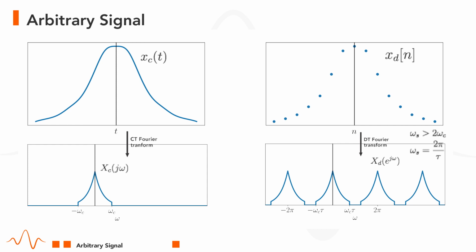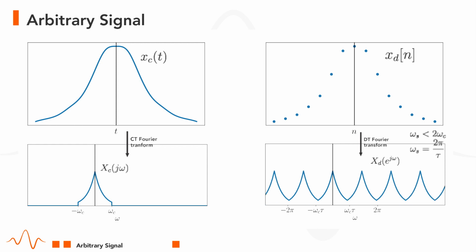And we can recover the continuous time Fourier transform simply by looking into the interval from minus pi until pi of the discrete time Fourier transform. Recovering the Fourier transform of the continuous time signal is the same as recovering the original continuous time signal, as there is a one-to-one correspondence between the two.